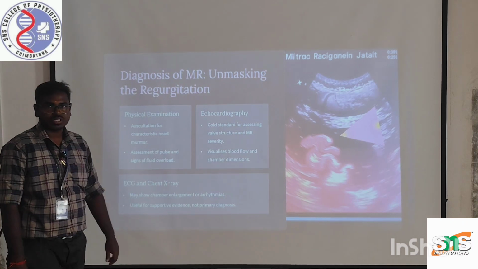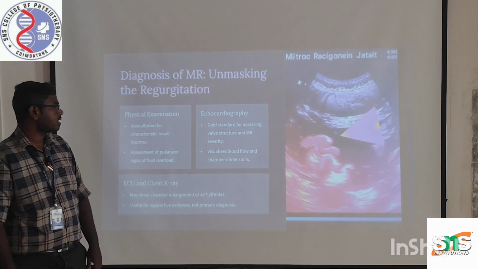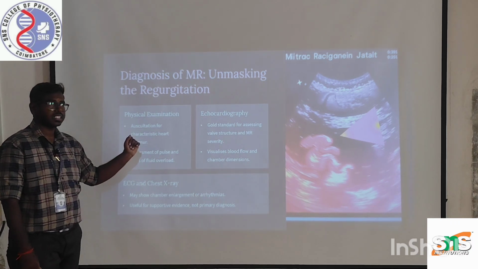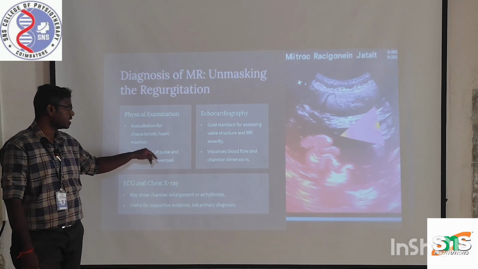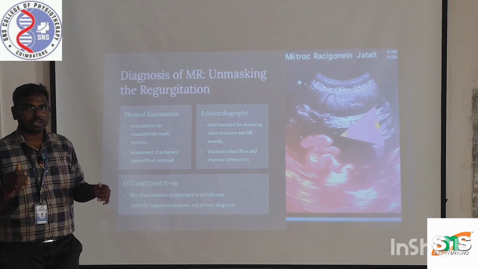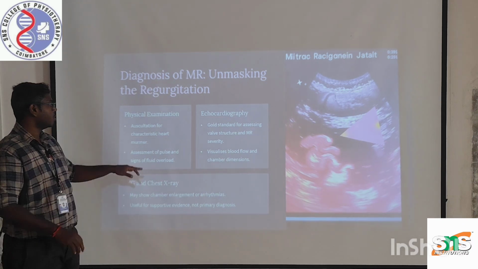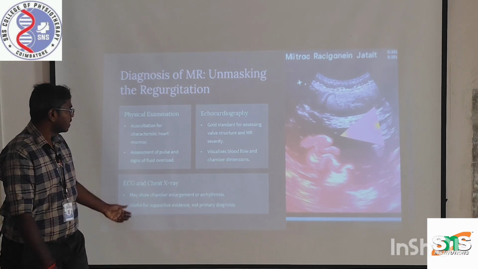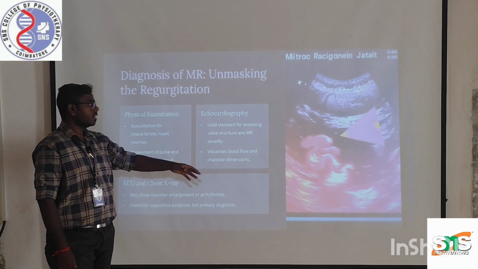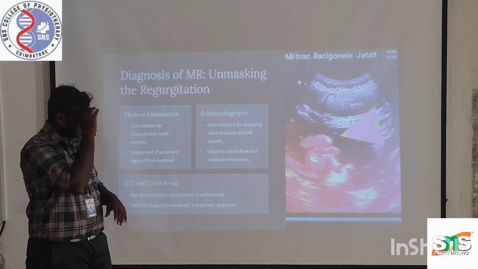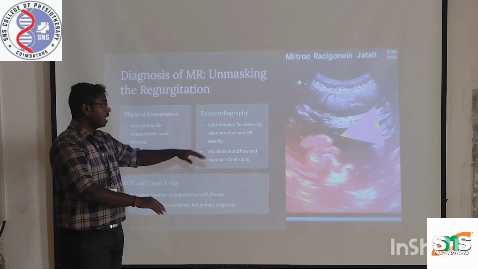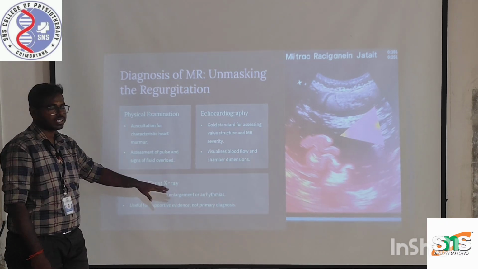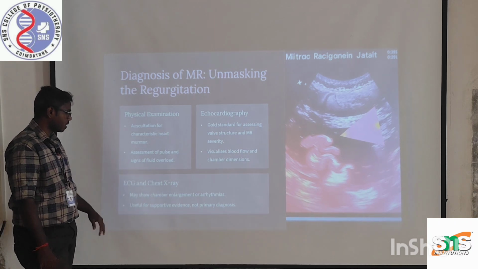Next, diagnosis. Mitral regurgitation is diagnosed by physical examination, mainly auscultation. During auscultation, using a stethoscope, we can hear the cardiac murmur, also known as a heart murmur. Using echocardiography, we can identify which region of the heart is affected.